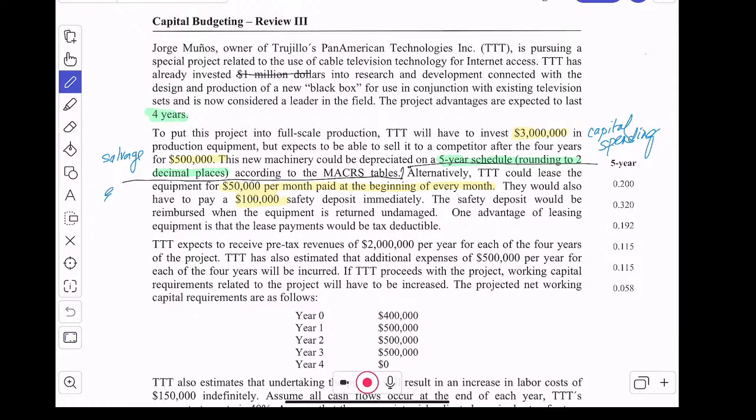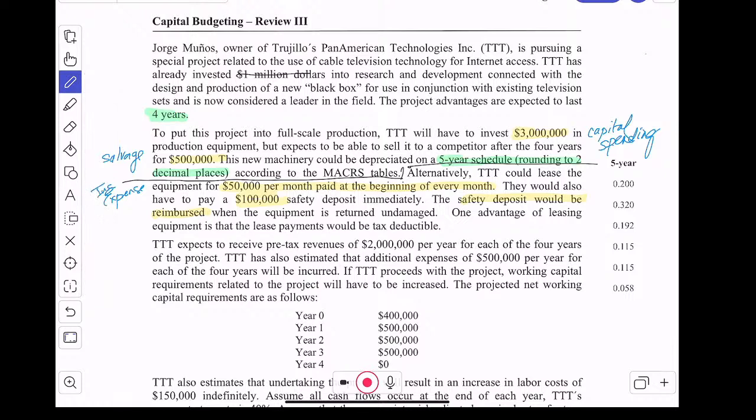This would be as an expense. And this one would be as also an incremental expense. The safety deposit would be reimbursed when the equipment is returned undamaged. So that will be at year 4. Make a note that that's at year 4.